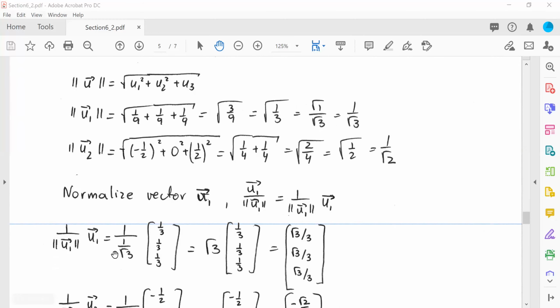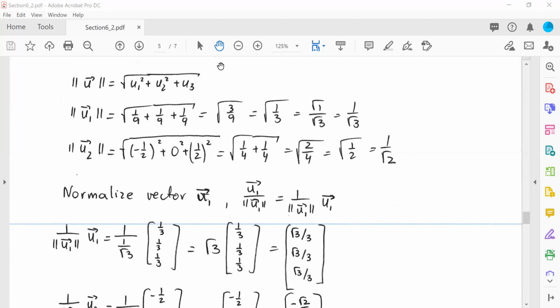My length is 1 over root 3. So I have 1 over root 3 times the vector. To divide by a fraction means multiply times its reciprocal. So I have 1 times root 3 over 1 times the vector. Then we distribute the scalar to each and every entry, and that's this vector. So this is the normalized vector. You can check that the length of this vector is 1.